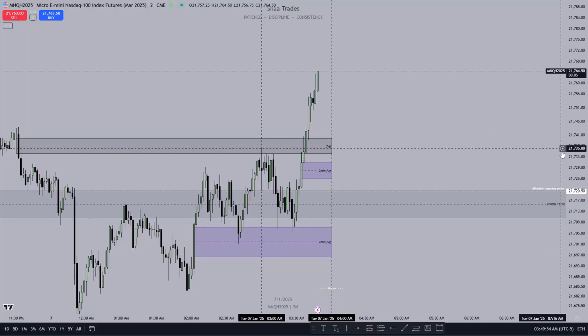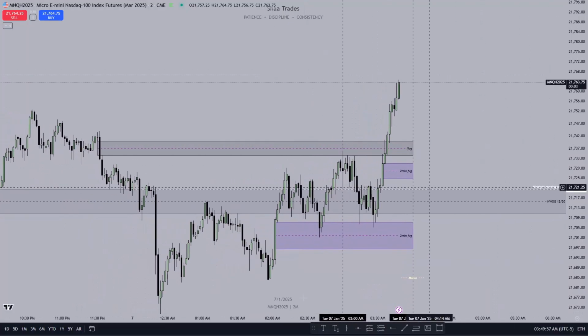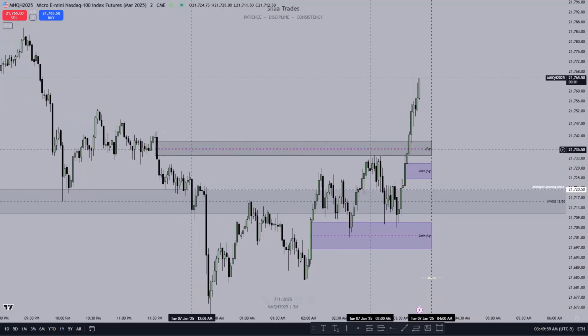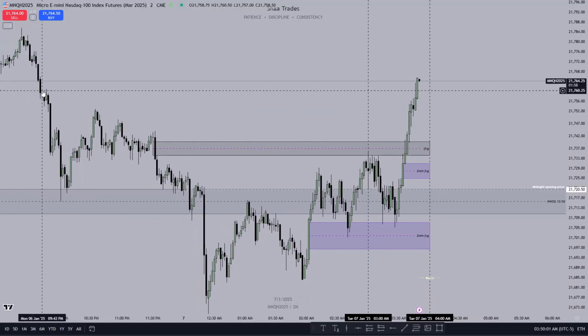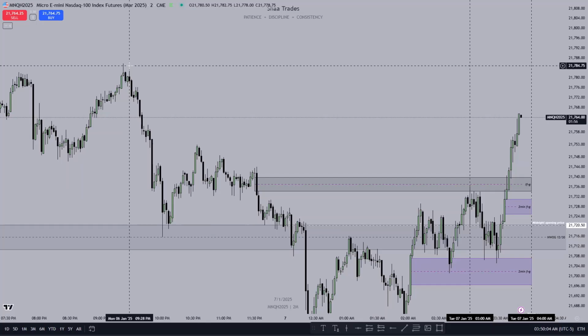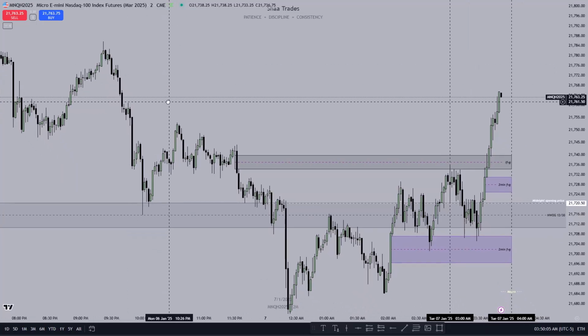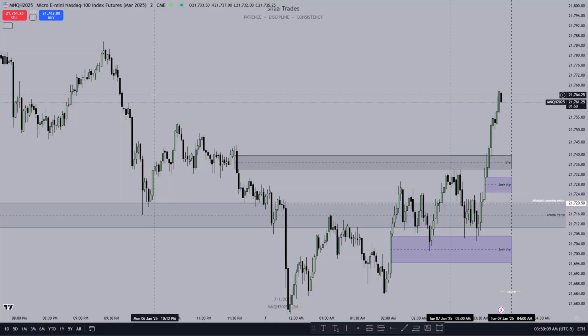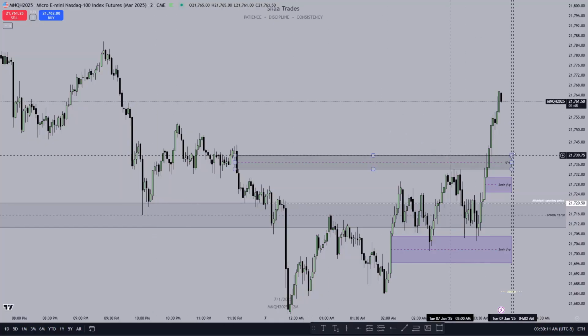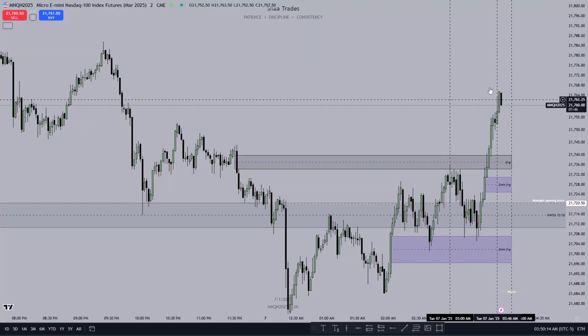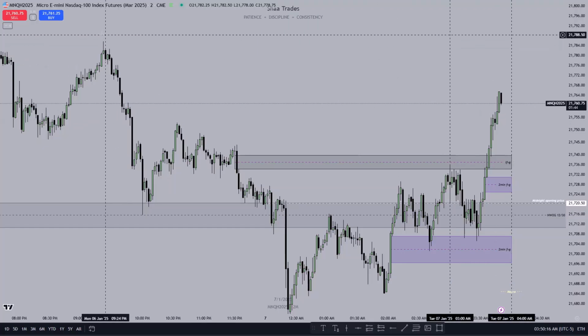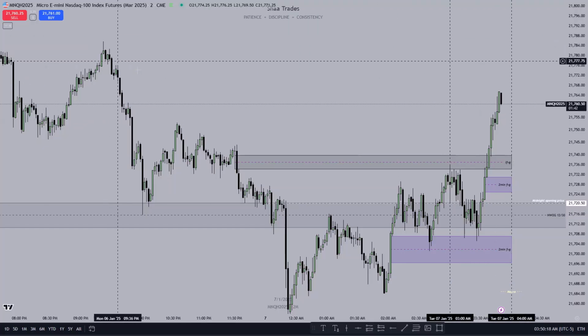But like I mentioned, if price has a target here in these inefficiencies, this buy side, if it has a draw on where it wants to go, then I could have taken this to this buy side here, right?